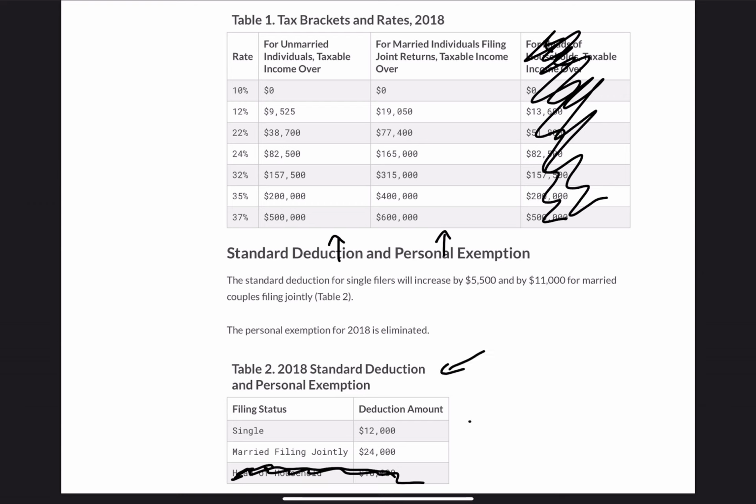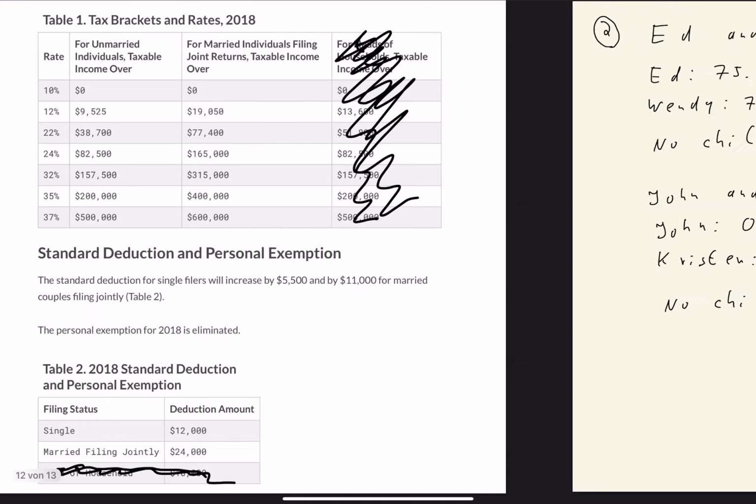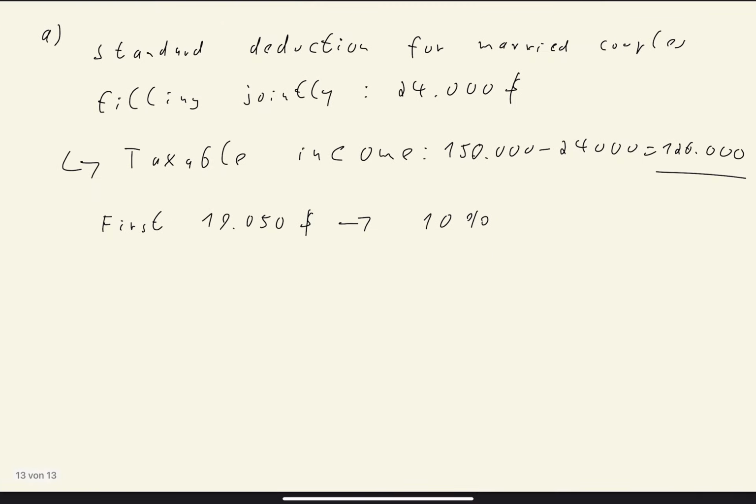This determines how much we subtract from the gross income to end up with the taxable income, and this differs whether you are single or a married couple filing jointly. In sub-exercise B, we will simply apply this tax schedule on the taxable income of the couples. The standard deduction for married couples filing jointly is $24,000, which we need to subtract from the total income to end up with the taxable income.